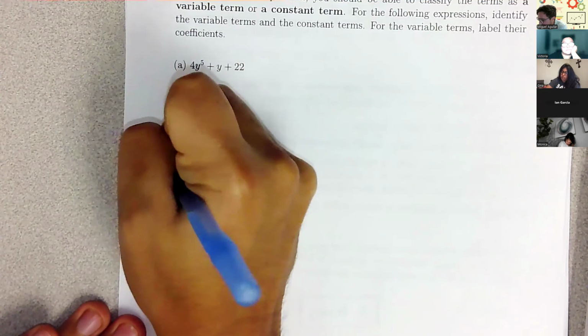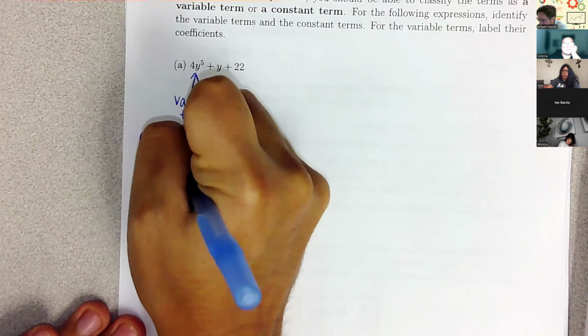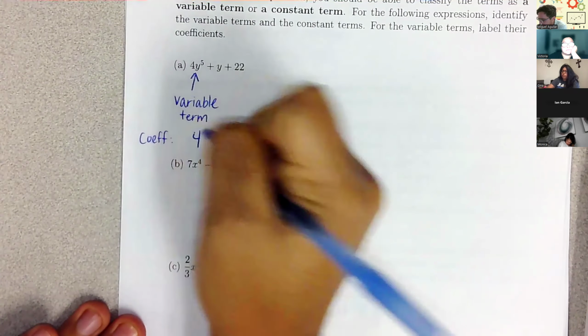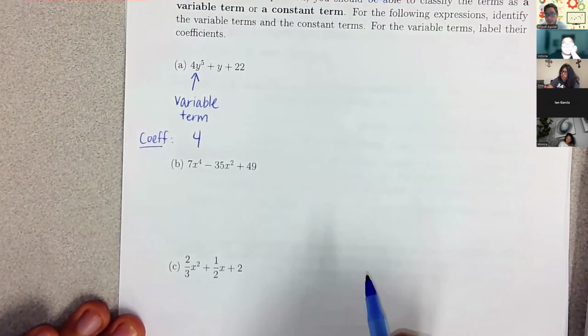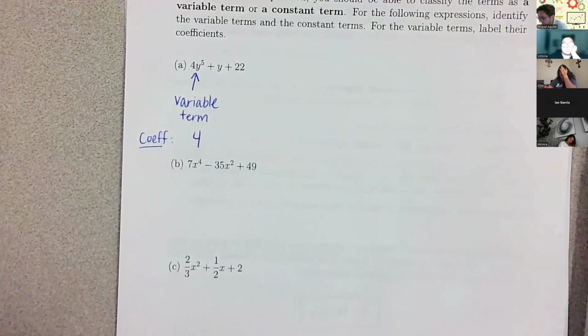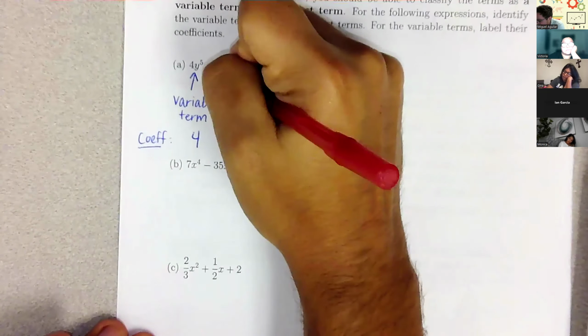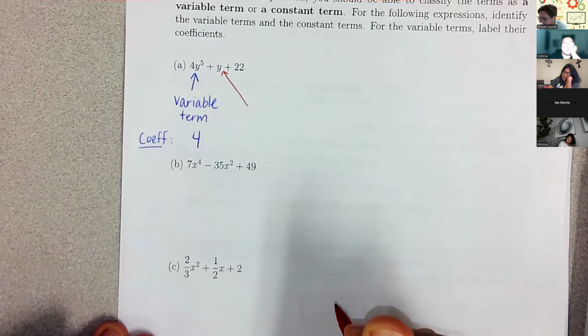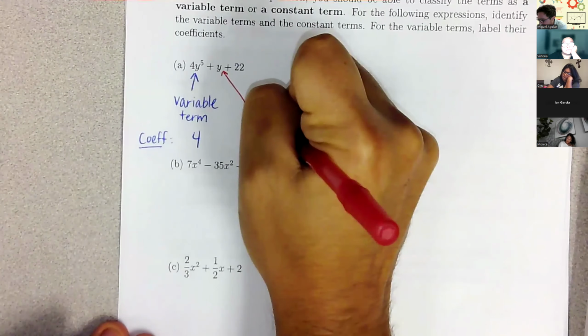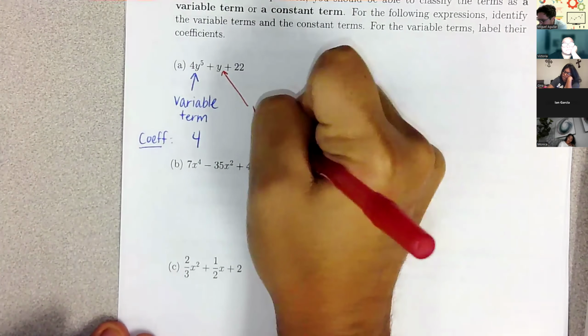And what is its coefficient? 4. Coefficient 4. I'm just abbreviating coefficient as coef. Okay, so if you put that down, I'll understand what you mean. And then we move on to the next term. Is this term a variable term or a constant term? Variable. That's a variable term.